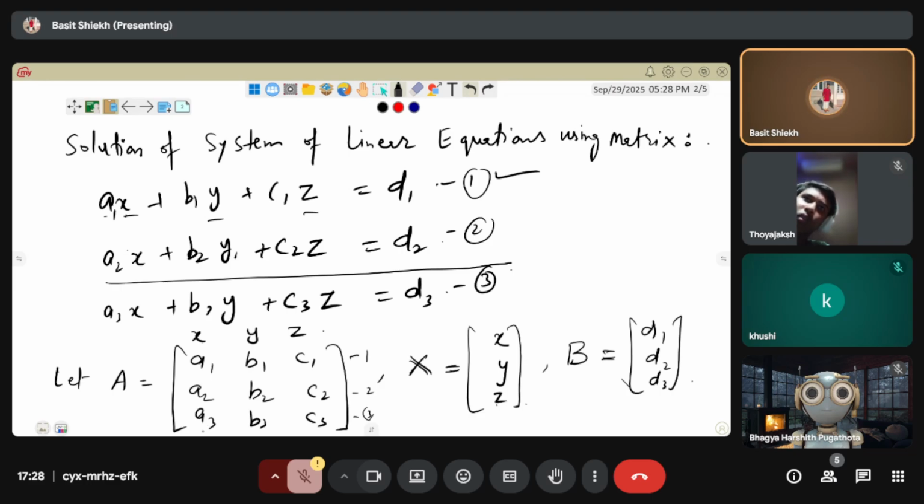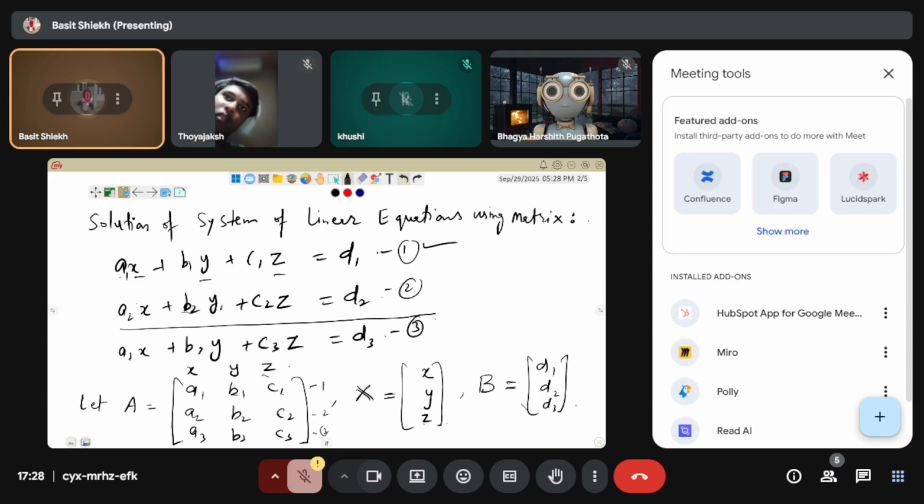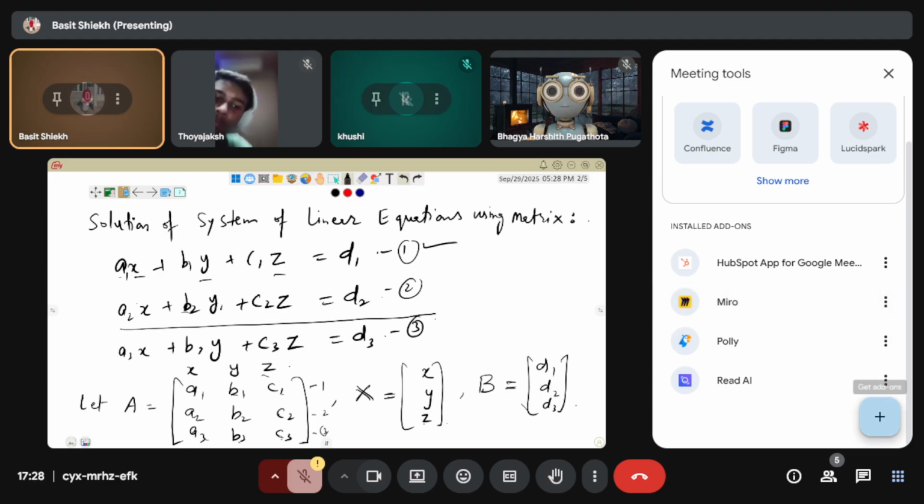Under x we write the x coefficient, under y the y coefficient, and under z the z coefficient. Similarly, in row 2 we write a2, b2, and c2, and in row 3 we write a3, b3, c3.